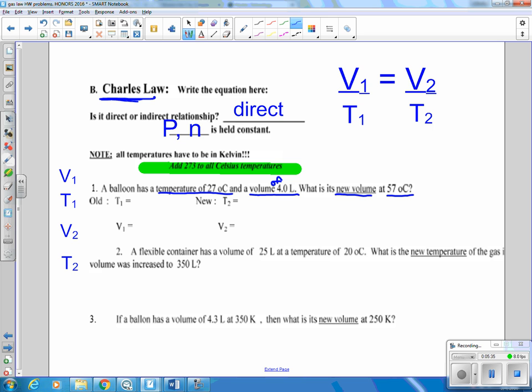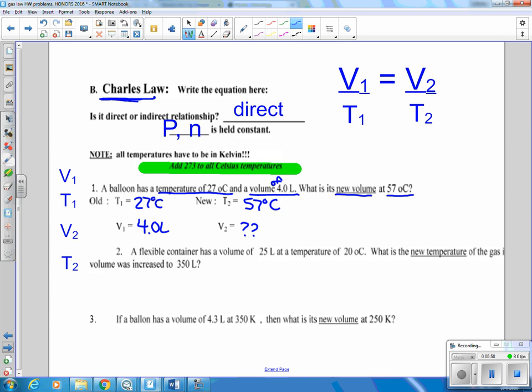So we have the 4 items where you're looking for volume 2. You don't know what that is, but let's put the other numbers in. Temperature 1 is 27 degrees Celsius. Temperature 2 is 57 degrees Celsius. And then volume 1 is 4 liters.